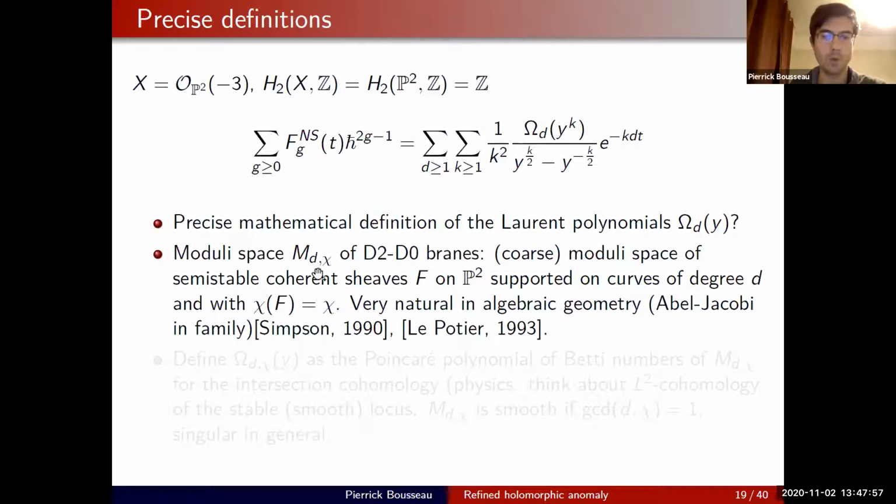And the reason why the topology of this moduli space is non-trivial is that a degree d curve in projective plane can become singular. And so the moduli space of sheaves on it can become complicated. The Jacobian, which in the smooth case is a nice torus, when the curve is singular, this nice torus degenerates into some singular complicated thing.